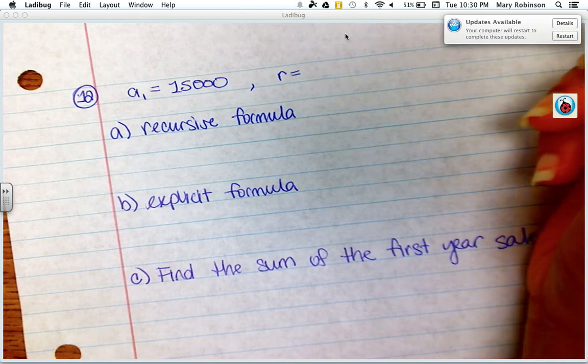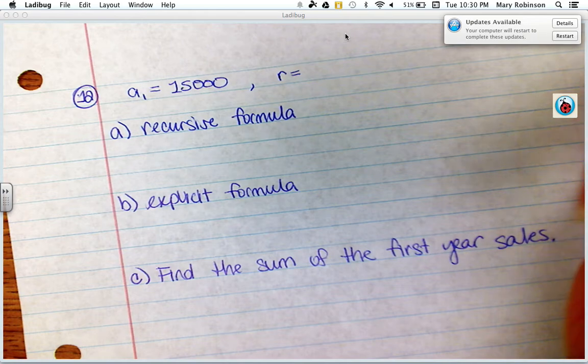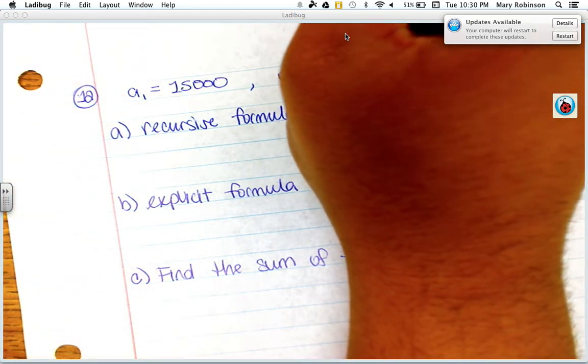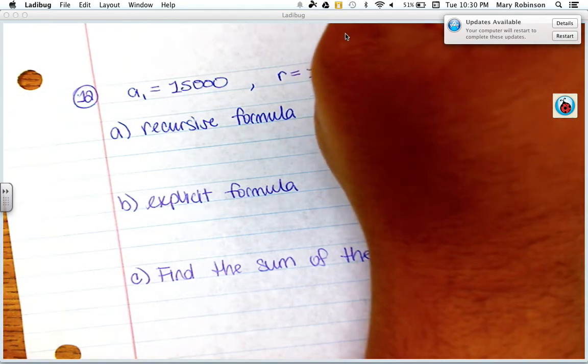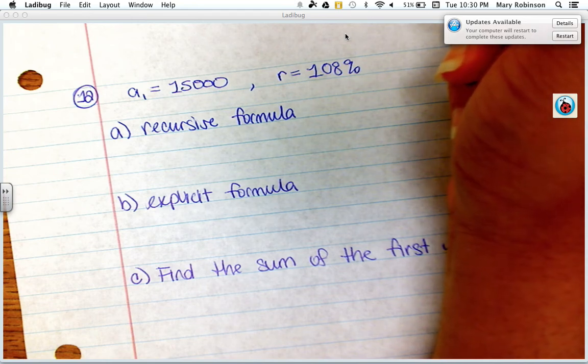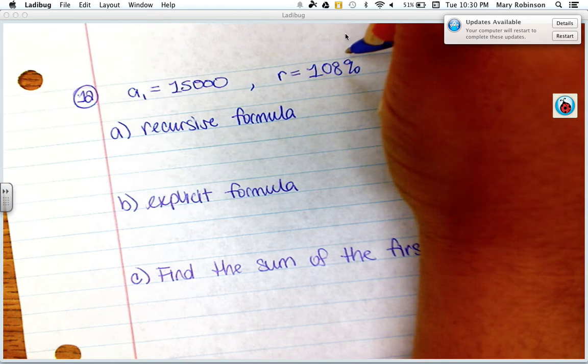So they're making their regular sales plus an extra 8% each month. So they're actually selling 108%, because 100% would be their regular sales, and then the 8% is the increase.